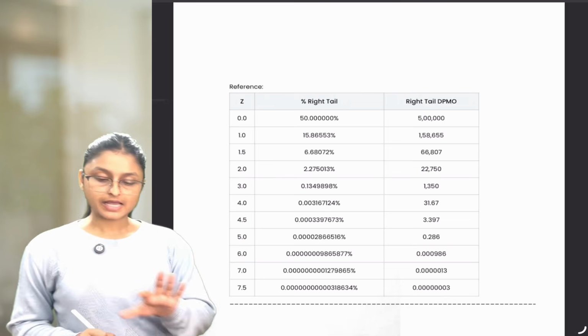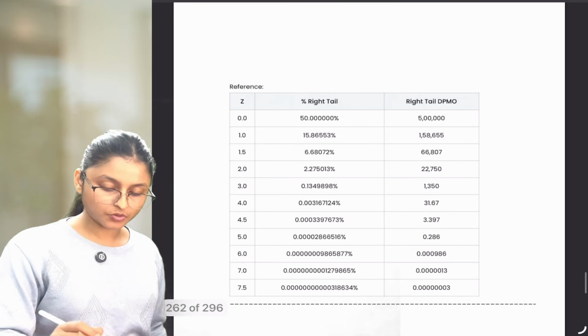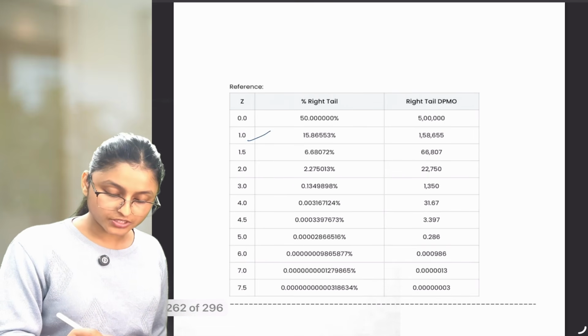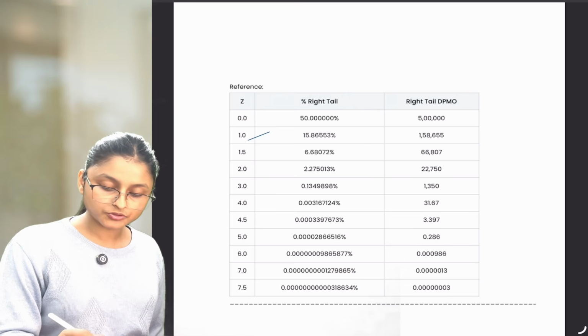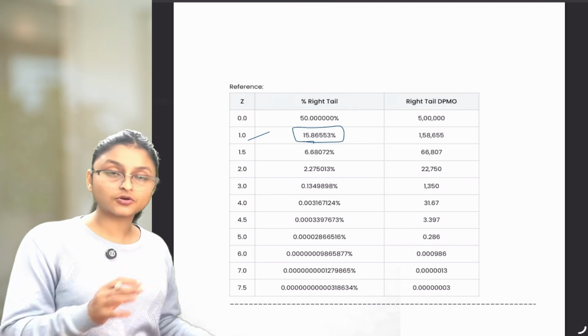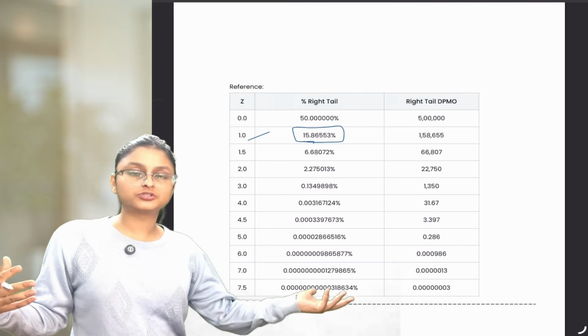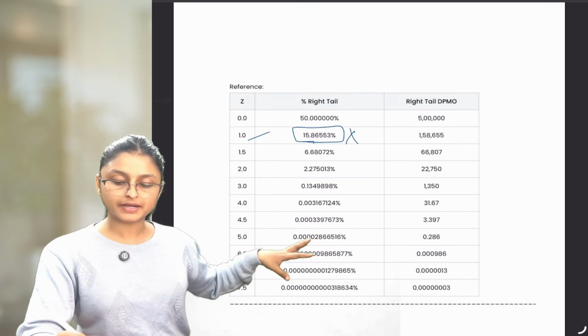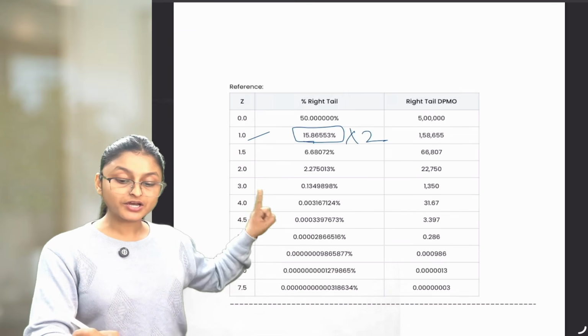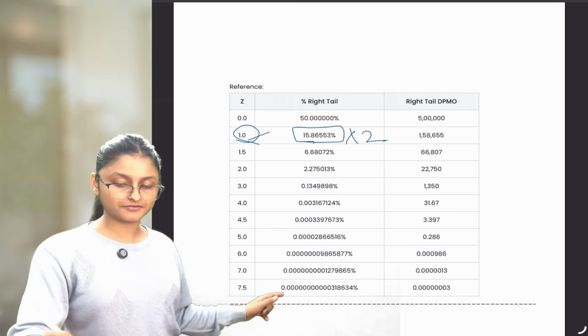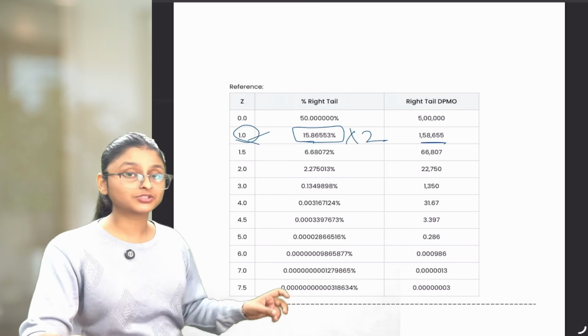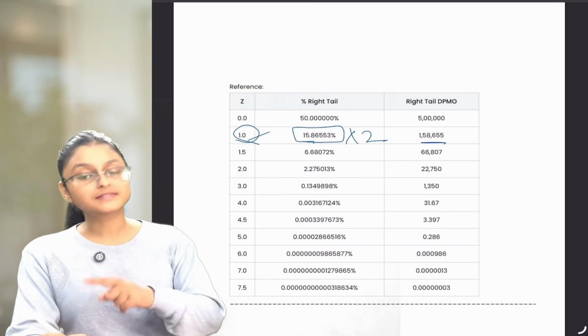Now for reference, I have given the z-score table if you want to look at it. So if the z-score is 1, it comes to 15.8653 on the right tail, on the right side only. So if you want to know both sides, you just need to multiply it by 2. If you are covering only up to 1 standard deviation, you are going to have 1,58,655 defects on one side only.